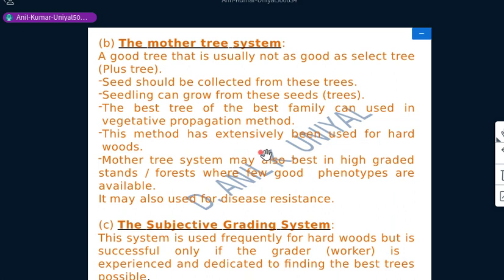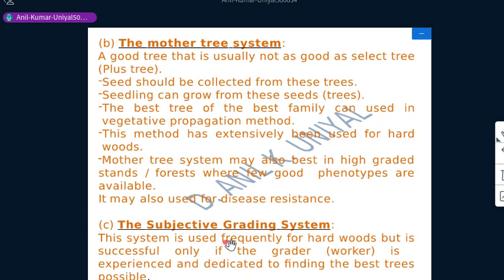This method has extensively been used for hardwood species, and the mother tree system may also be best in high graded stands or forests where very few good phenotypes are available. Okay, it's good because in the mother tree system its progenies will be available for selection. Actually, it may also be used for disease resistance purposes.